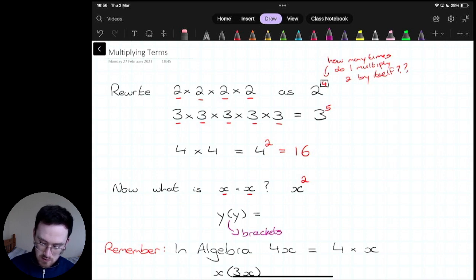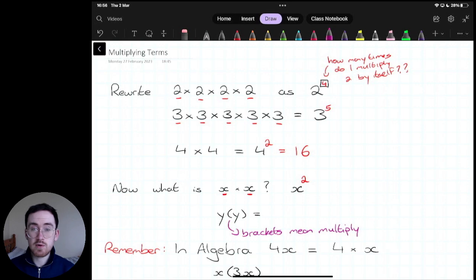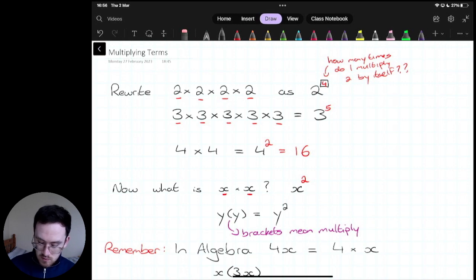We saw that previously, that's not new to us, but just so that we remember, brackets mean multiply. They're another way of saying multiply. So y multiplied by y gives me y squared, multiplying y by itself twice.